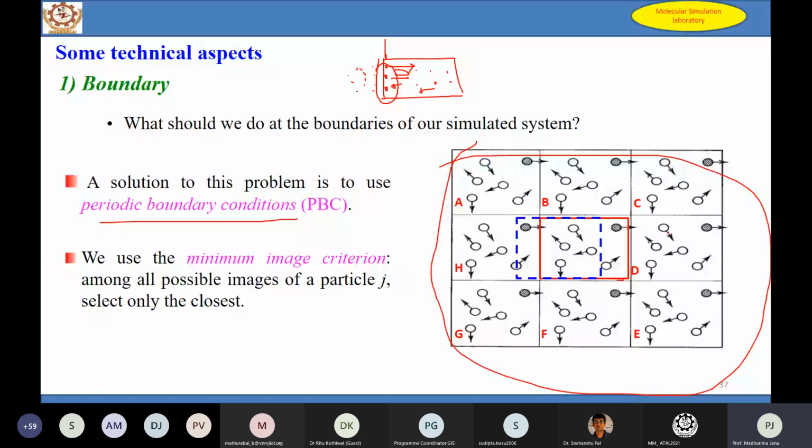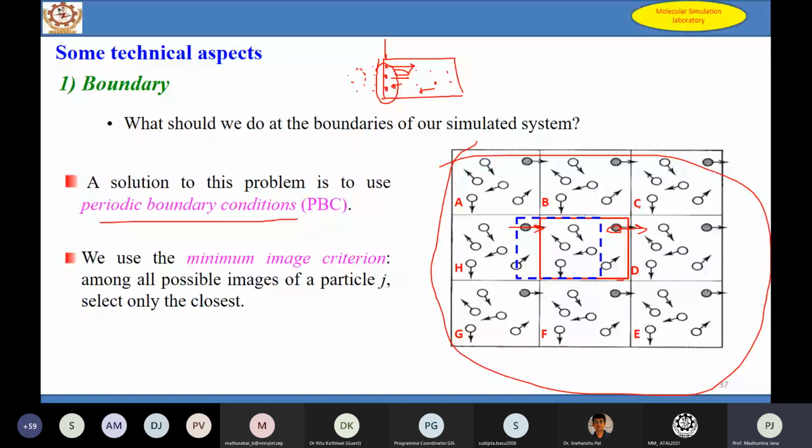Also, when an atom goes beyond my simulation box, the image of the particle enters from the other end. So my central box always has the same number of atoms; there won't be any loss.